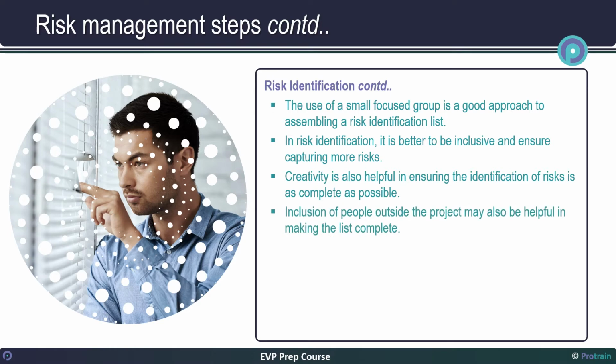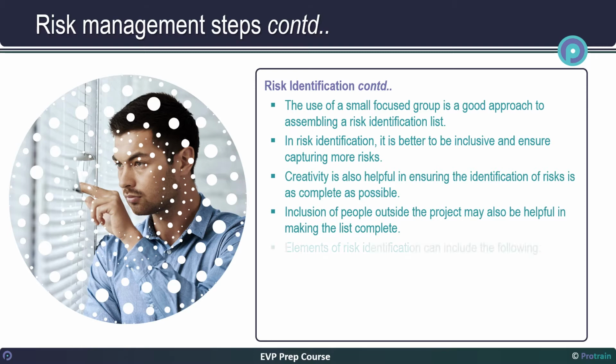Inclusion of people outside the project may also be helpful in making the list complete. Editing of the list occurs later rather than during identification. Identification items may be classified into groups, depending on how the project is set up. It is desirable to have items that would be clearly the responsibility of an organizational group or individual.